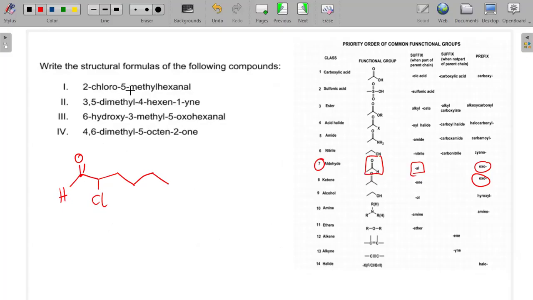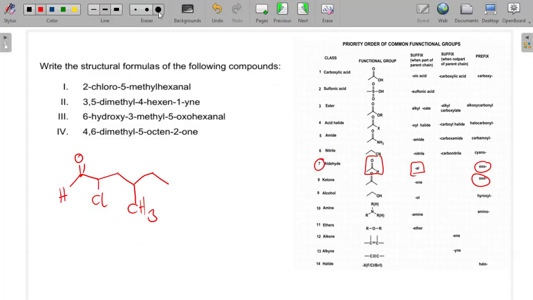Then at position number 5 we have a methyl group. So this is position 2, this is position 3, and this is position 5. You can just write a single line there like that, or if you want, you can also put CH3. That's the structure for question number 1.